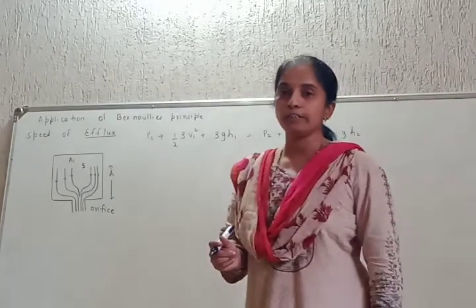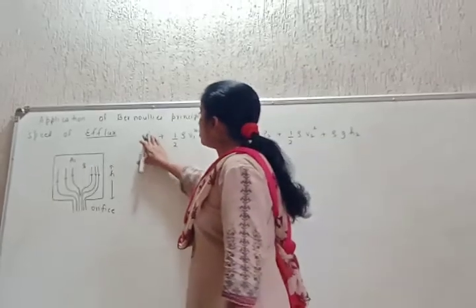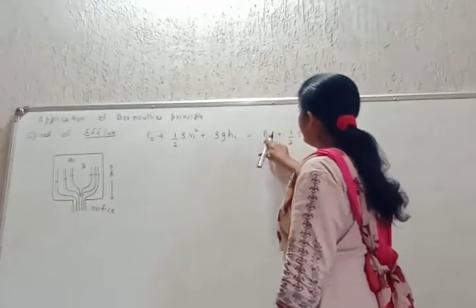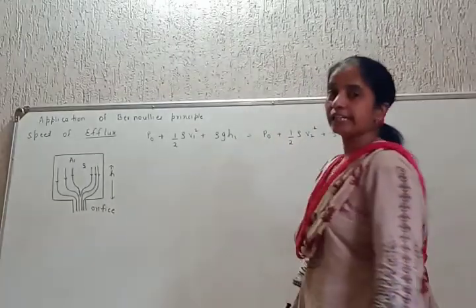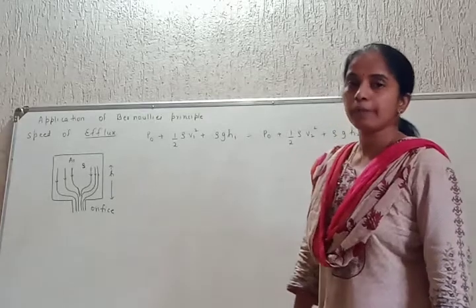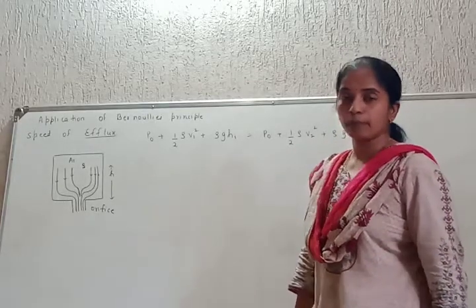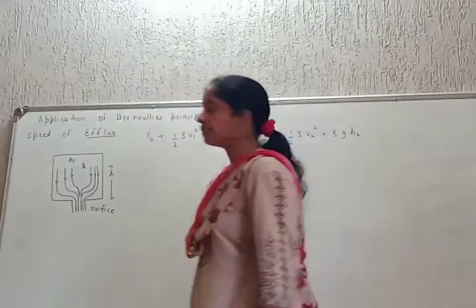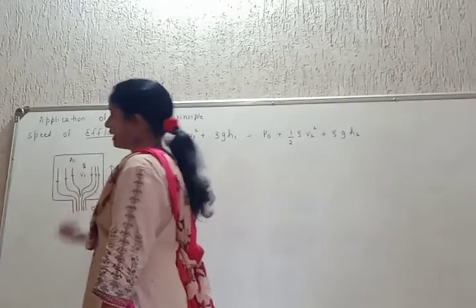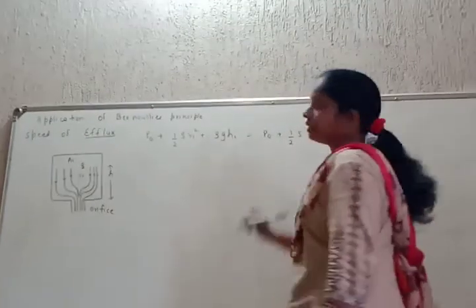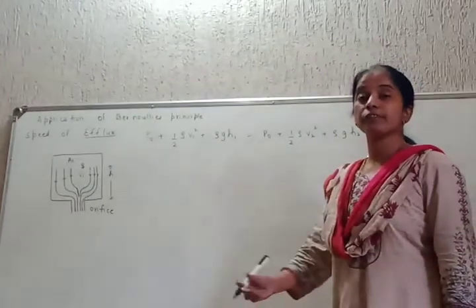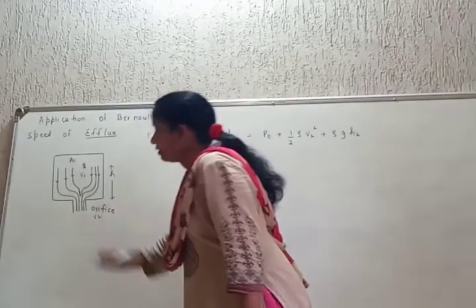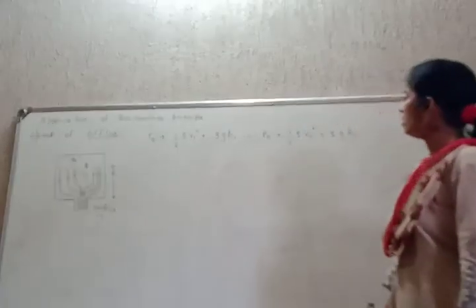Since the tank is open, the fluid is exposed to air, hence it is acted upon by atmospheric pressure, denoted by P0. Plus half rho V1 square. What is V1? It is the velocity of the fluid inside the tank. And V2 is the speed with which the fluid comes out of the orifice.